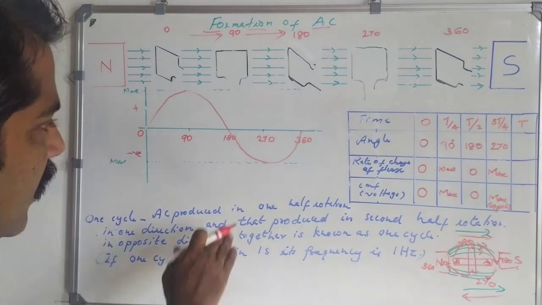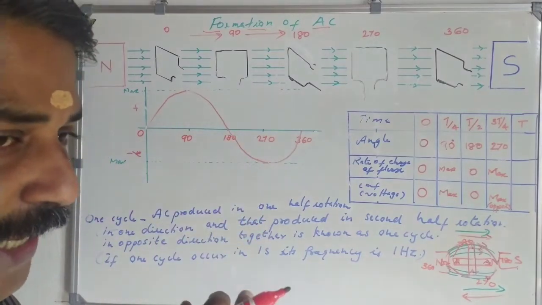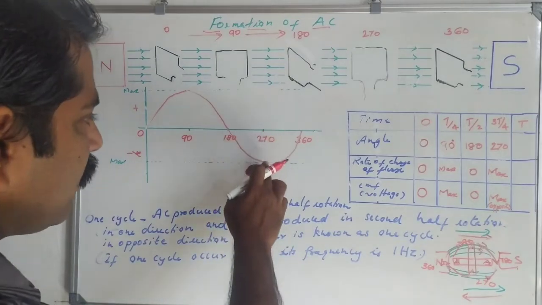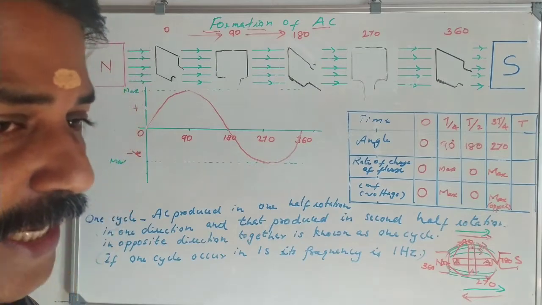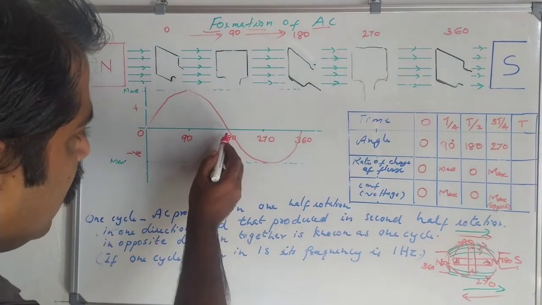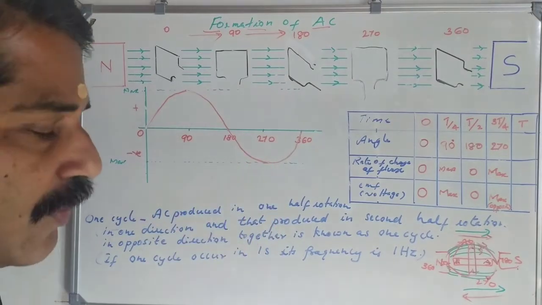And the remaining things are the same. When the armature rotates from 180 to 270, the number of flux broken increases, and when it reaches 270, the maximum number of flux will be broken in the opposite direction. So our graph got a downward move, towards negative.